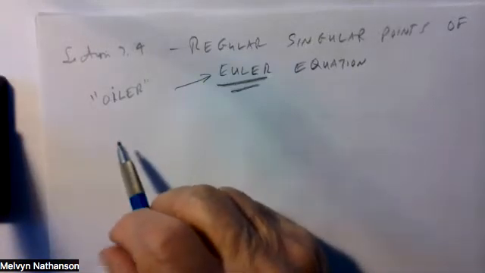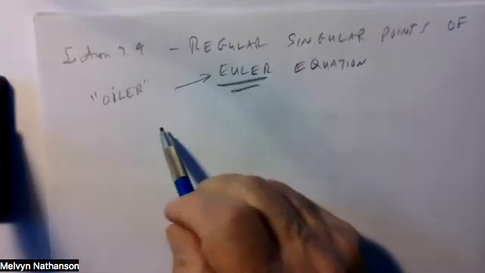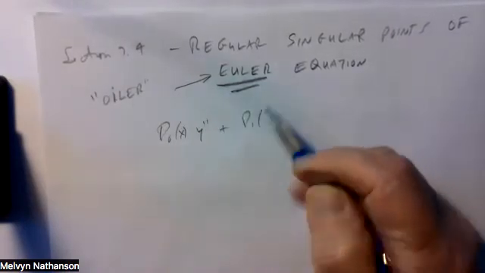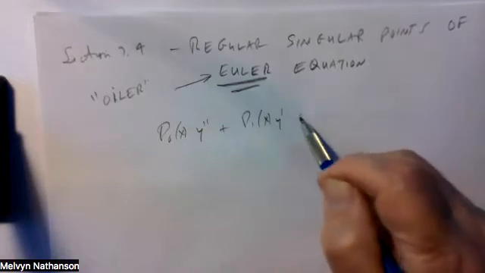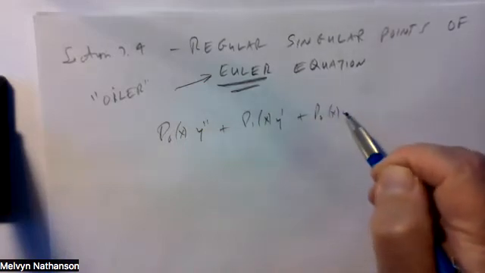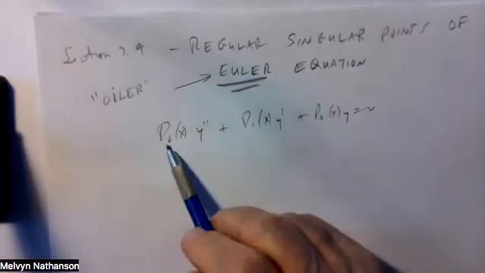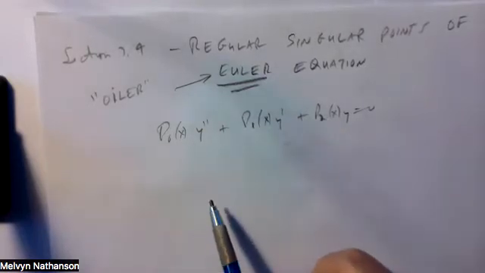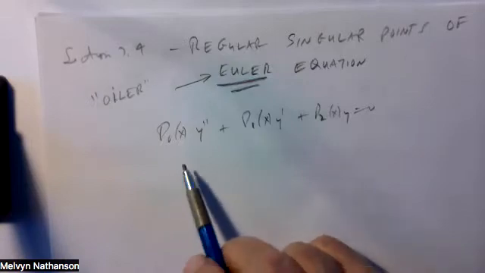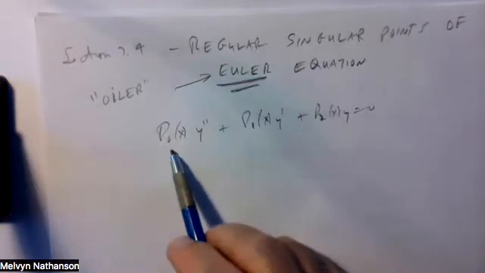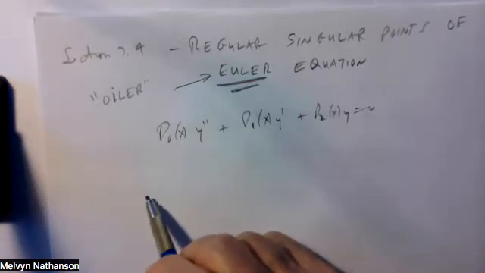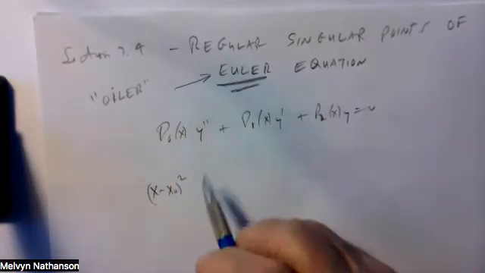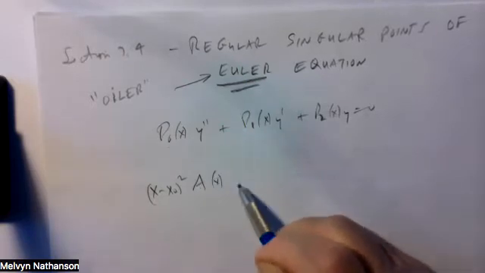So suppose we have a differential equation, P naught of x y double prime plus P1 of x y prime plus P2 of x y equals 0, where P0, P1, and P2 are polynomials. And suppose they're of a particular kind. Suppose P naught can be written as x minus x naught squared times some polynomial a of x.